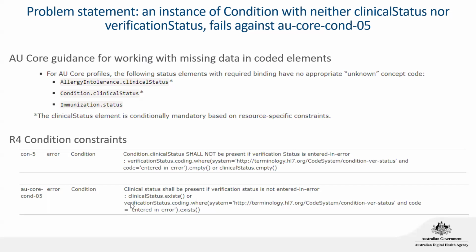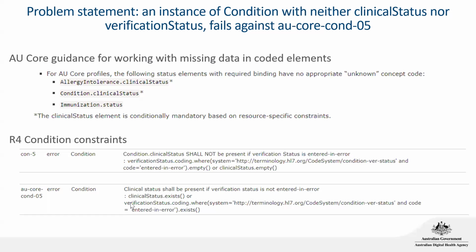Also on the slide there is another constraint, Con 5, which is in the FHIR base specification resource, where clinical status shall not be present if verification status is entered in error. So these two constraints work in tandem.